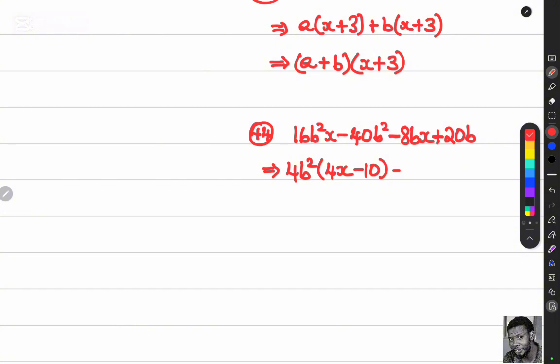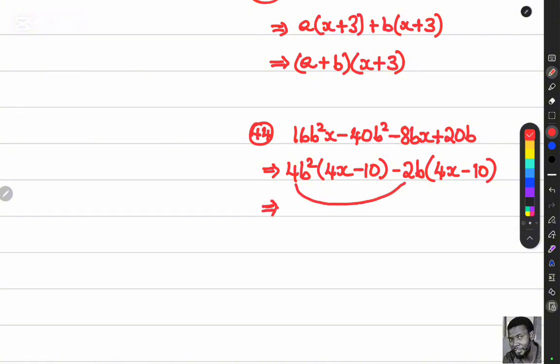If you factor out negative 2b, you're going to have 4x minus 10 as well. Minus 10, only 10. Then you'll have to go and group the ones outside.